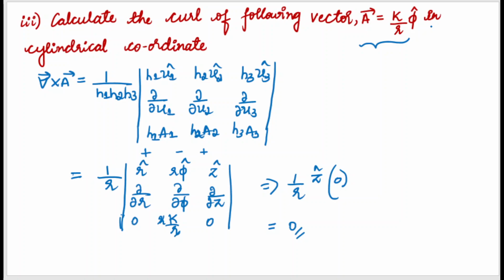So I hope everyone is clear with today's video. They have asked the curl, right? It is the curl of the following vector, k divided by r phi cap, and it is 0.